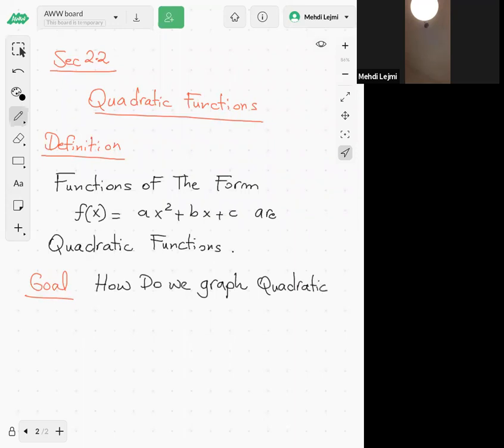I'm going to show you the steps, all you need to graph quadratic functions. Actually, graphs of quadratic functions have a name. They are called parabolas. So, graphs of quadratic functions.